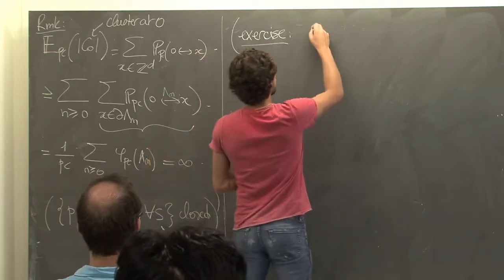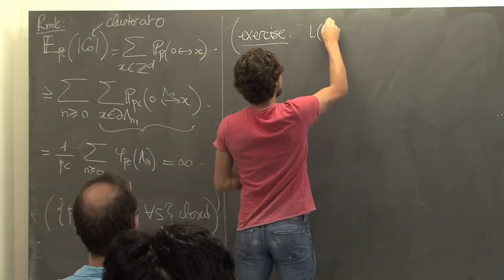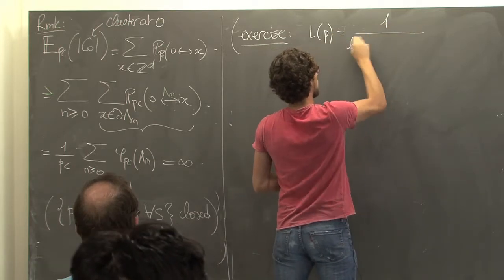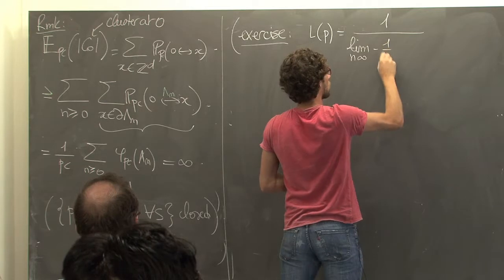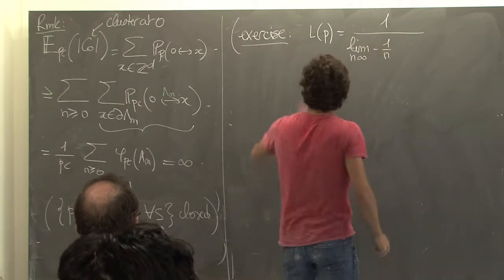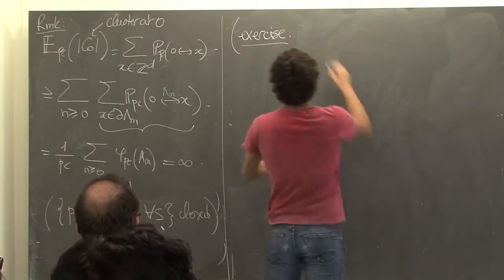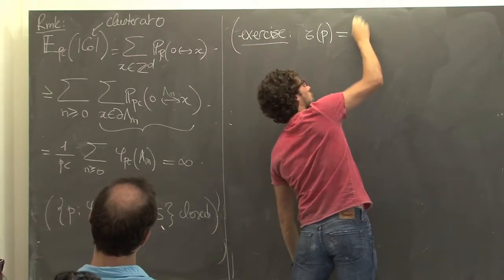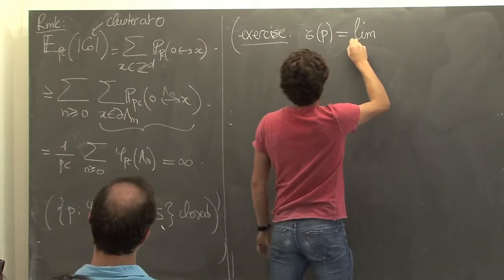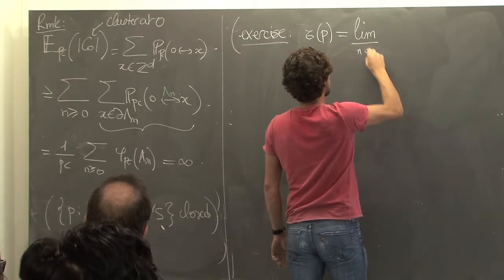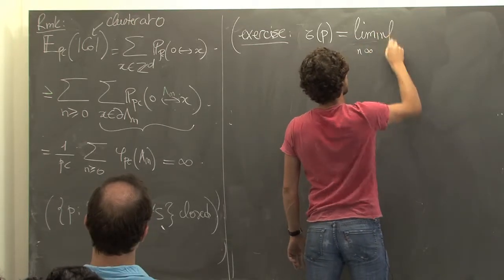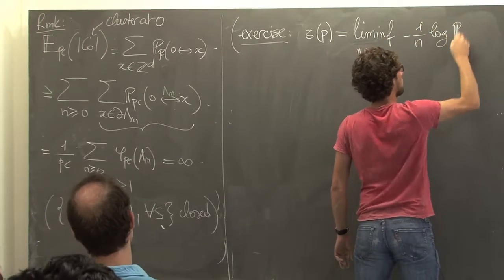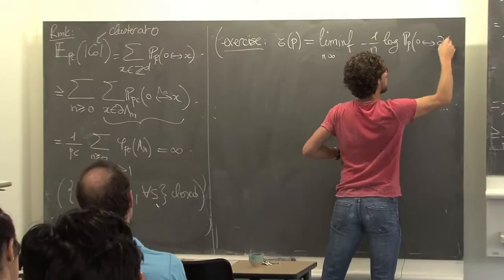So let me define tau of P to be the limit when n tends to infinity of minus 1 over n log of the probability that 0 is connected to the boundary.